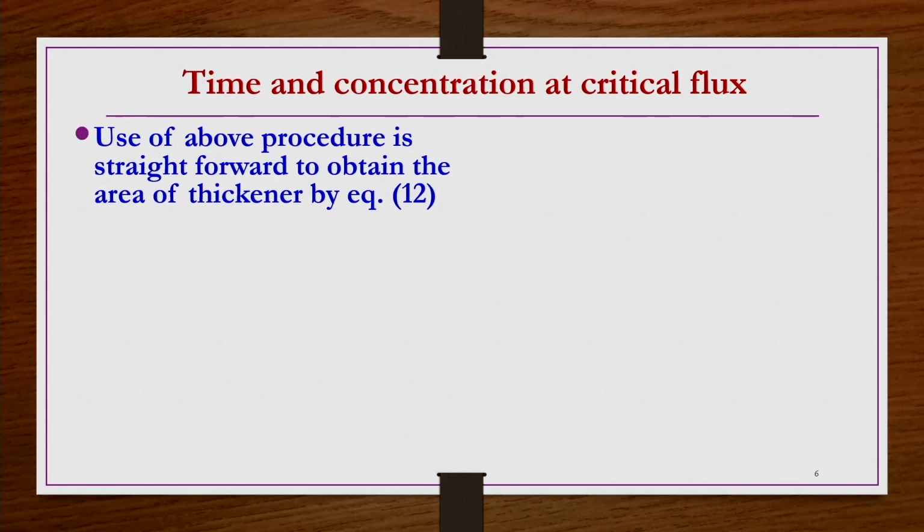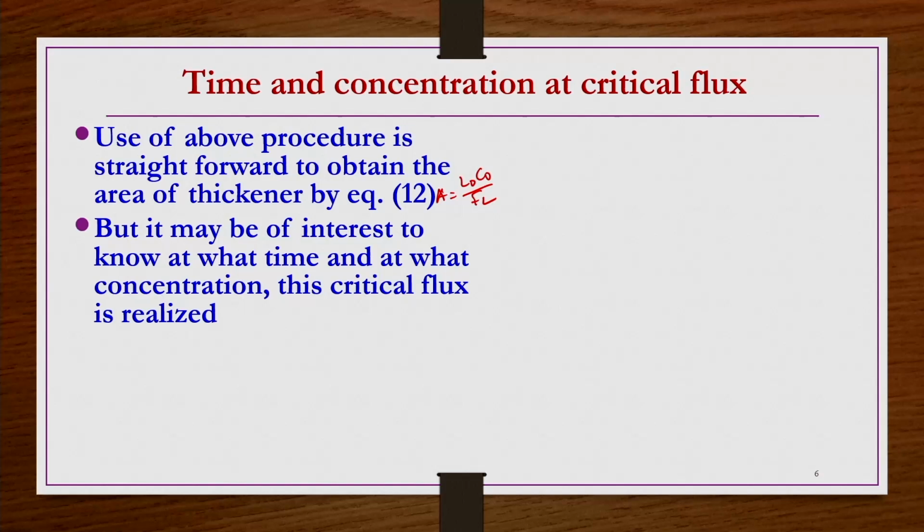Okay. So, you can fix the depth and then accordingly calculate the area. Now, we go to a different method to get the area of a thickener, which is quite similar and straightforward compared to the previous one: time and concentration at critical flux. The equation A equals L naught C naught by Fl is straightforward to obtain the area of the thickener.